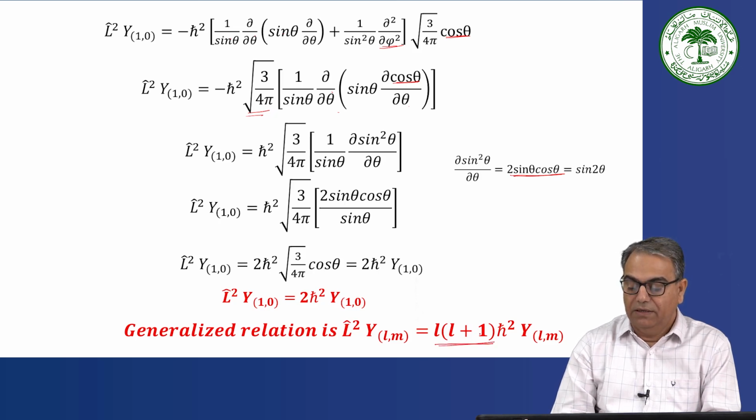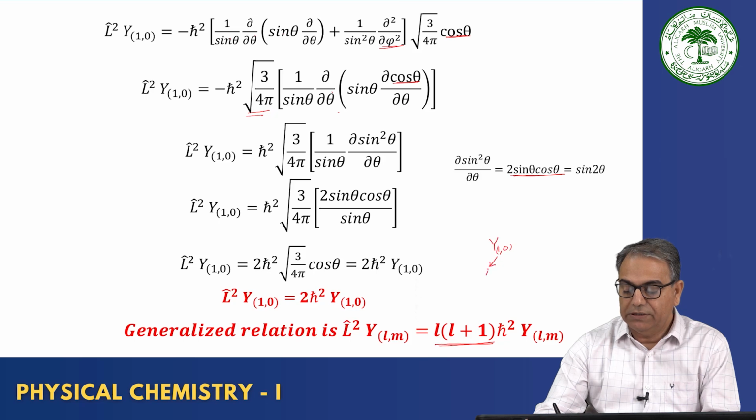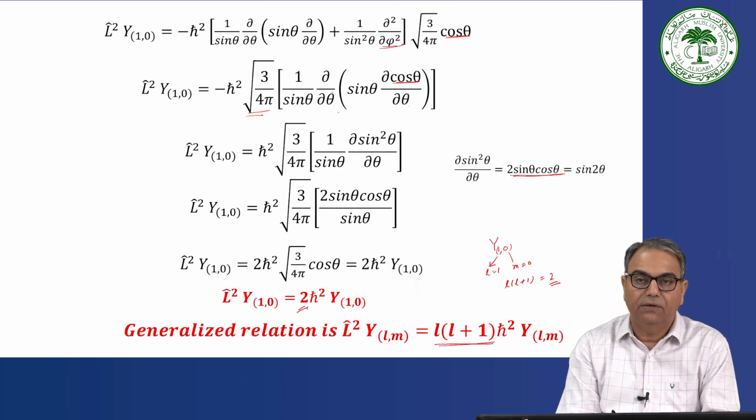Okay. Now you see your spherical harmonics Y10, and what does it mean? For this, l is equal to 1 and m is equal to 0. So if this is the general relationship, then l into l plus 1 will be 1 plus 1, 2 multiplied by 1 is equal to 2. So that 2 you got here. Okay.